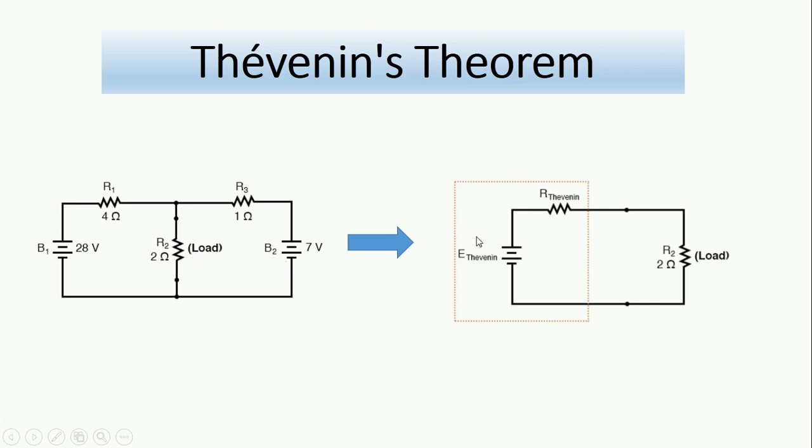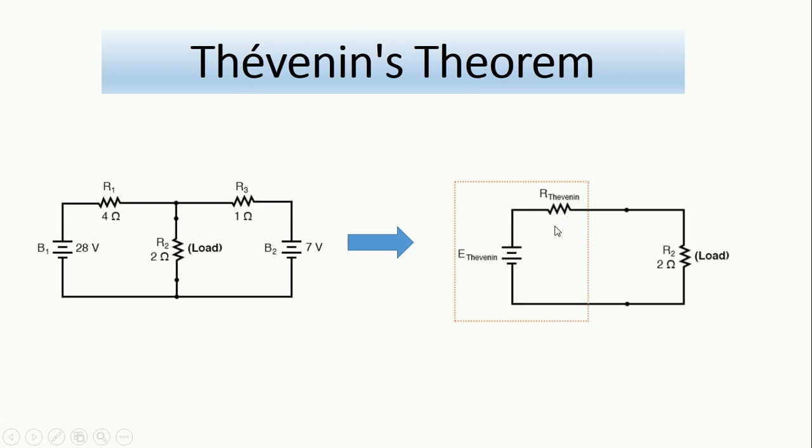So this will make the calculations easier later, because if we have this load as a variable load, that changes from 2 ohms, 3 ohms, 4 ohms, it's always easy to calculate the current passing through this, and then the voltage drop across this load, since the circuit is simplified to only one voltage source and one internal resistance.